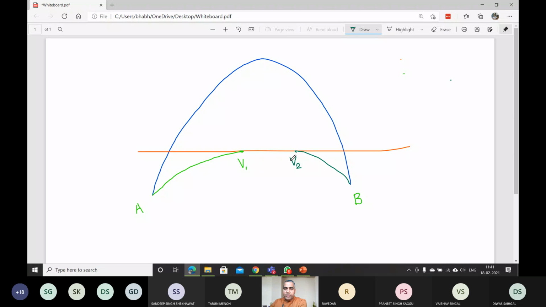Once we have this diagram, where the pole is on the top, we can join PV1 and PV2. So PV1 and PV2 is joined, and we have three triangles in front of us. We solve these three triangles using Napier's rule and using parallel sailing.